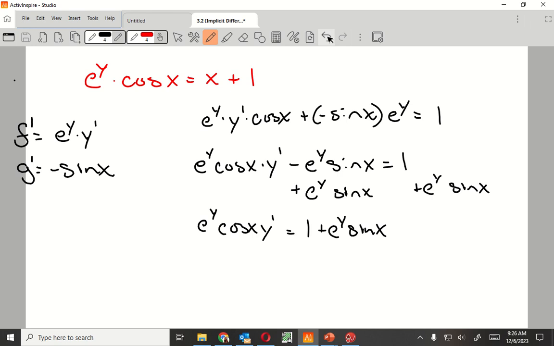And again, I'm trying to get the y prime by itself. So what am I going to do to get the y prime by itself here? Divide both sides by e to the y cosine x.